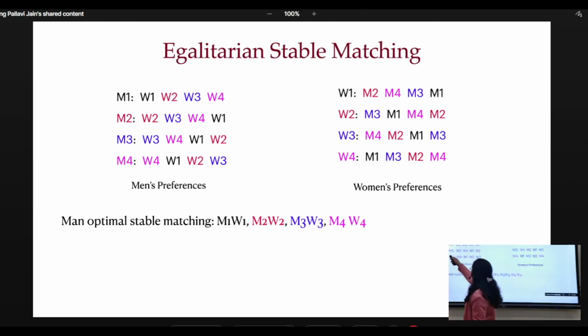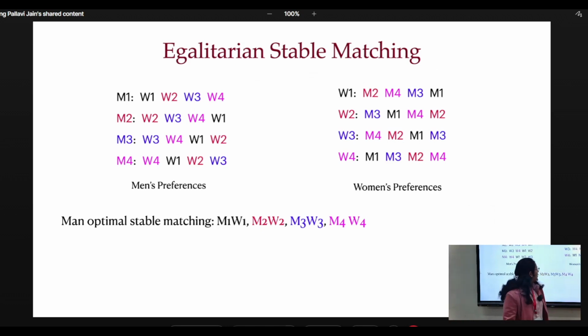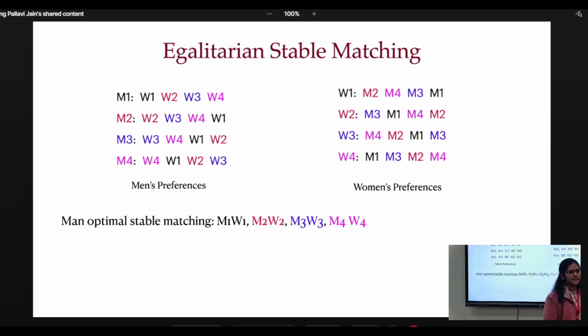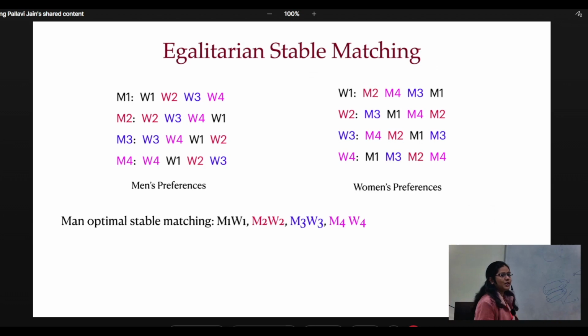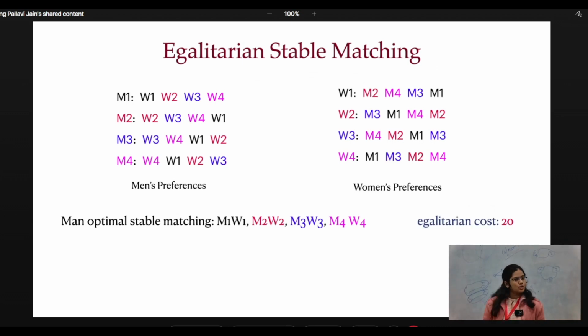M1 is getting the first person, W1 is getting the last person. Exactly, for each edge, the contribution is coming as 5. For M1 it's 1, for W1 it's 4. So 4 plus 1 is 5, and that's happening throughout. So the egalitarian cost is 20.